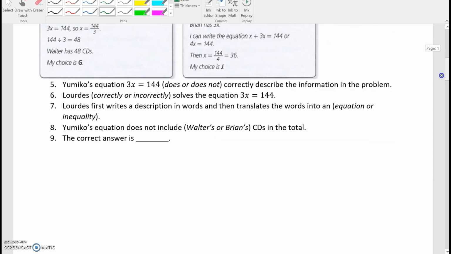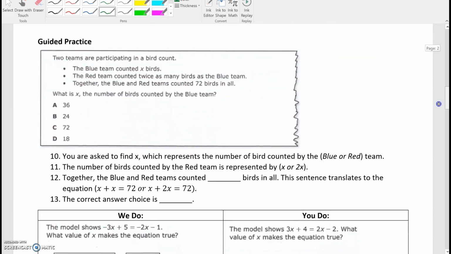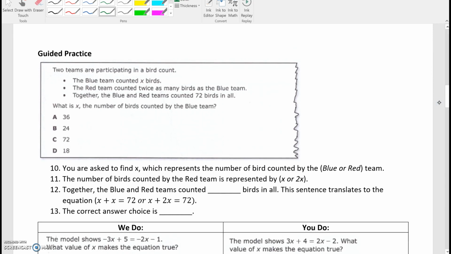All right, so we're gonna move down on to page 45 and do this one example together at the top. So it says 2 teams are participating in a bird count. The blue team counted X birds. Okay, so I always write things out to the side because I think the words are a little confusing. So blue counted X. The red team counted twice as many as the blue team.